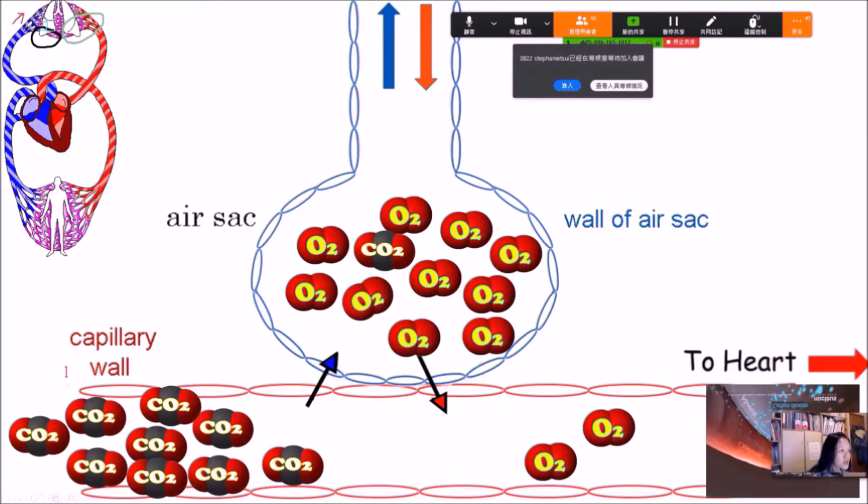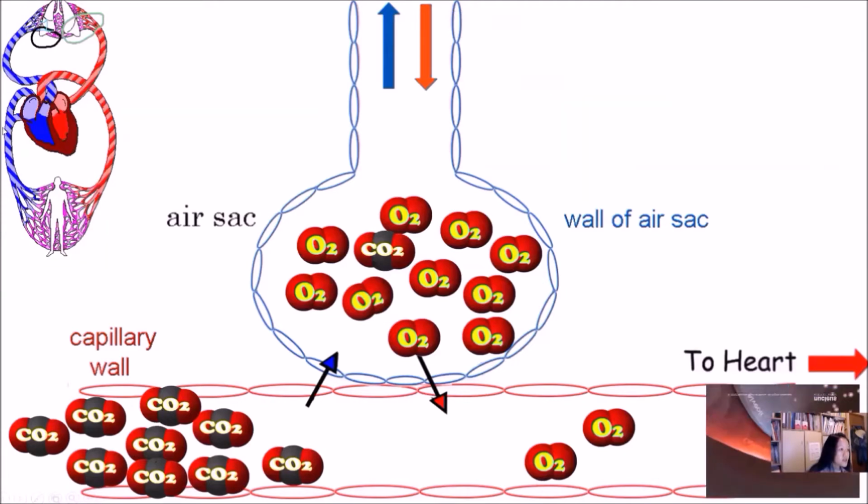The capillary brings the blood from the body, which produces a lot of carbon dioxide after respiration. The carbon dioxide will be carried to the lungs. So this end is from the pulmonary artery.